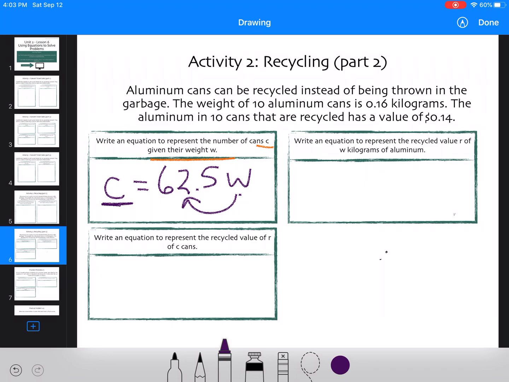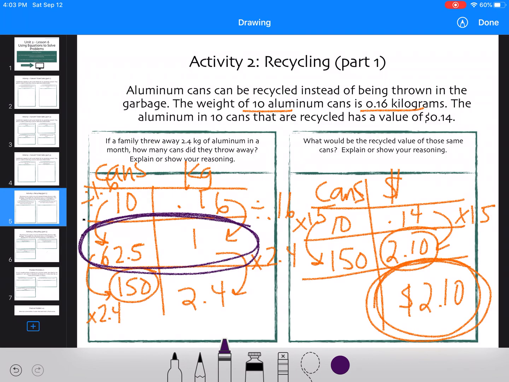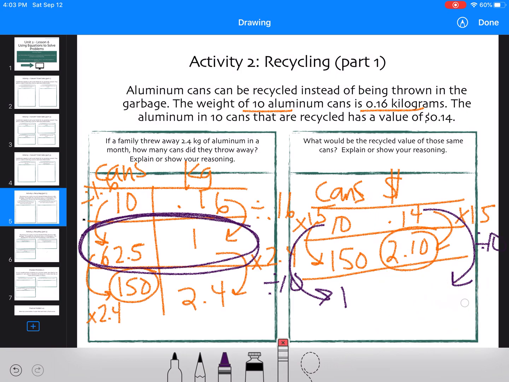So then it says, write an equation that will give the recycled value of our cans. Well, again, I'm going back. If I have to find for 1, I would divide by 10, divide by 10, and I end up with 0.014.